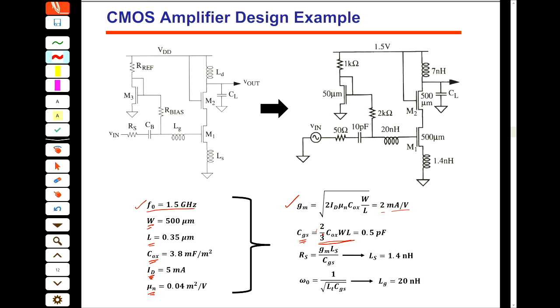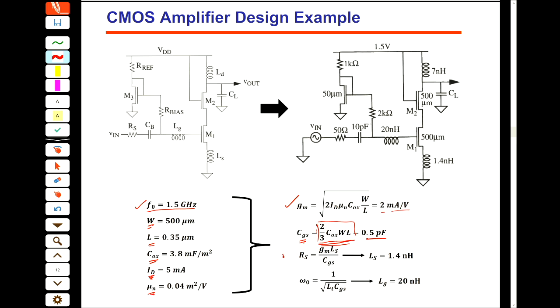Then we can find the value for CGS. Usually, if we don't say effective, we don't have this 2/3; it is Cox multiplied by WL. But we say that effectively it is 2/3 times of that.